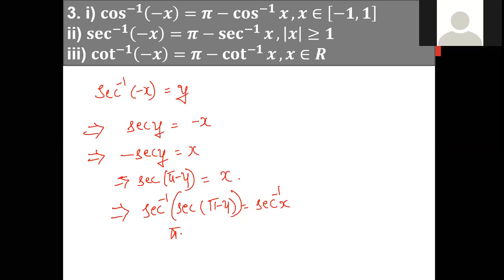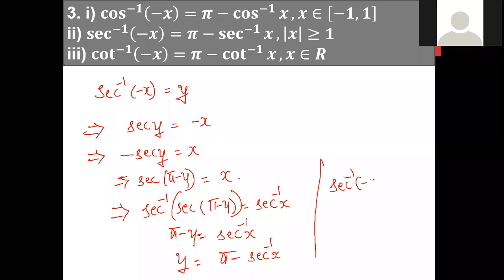So pi minus y is equal to secant inverse x, or y is equal to pi minus secant inverse x, which is, what is y? Secant inverse of minus x is pi minus secant inverse x.